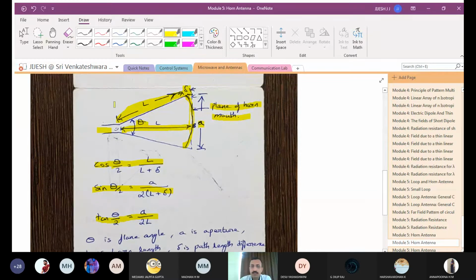We have the entire length of the antenna as L, and theta is this angle, so we take theta by 2 to get the half portion. Cos of theta by 2 is L divided by L plus delta, and sine of theta by 2 is A divided by 2 into L plus delta. Now that we have cos and sine, tan theta by 2 is A divided by 2L.